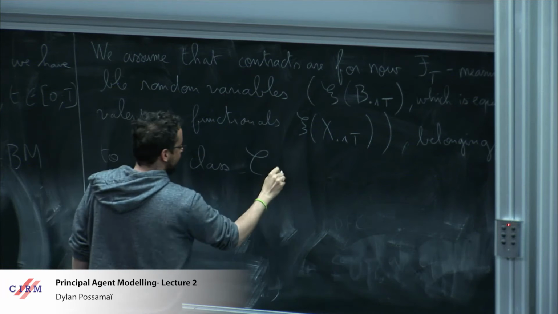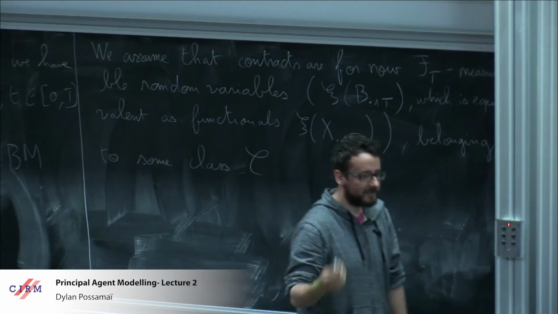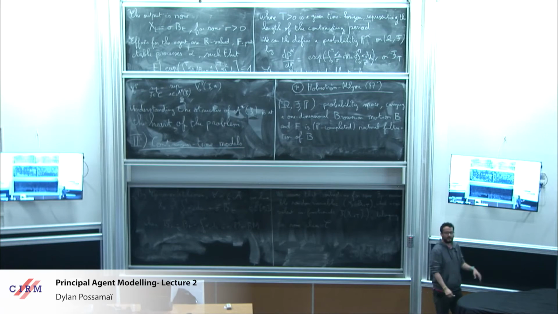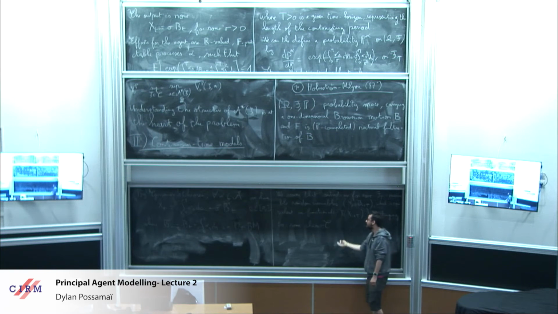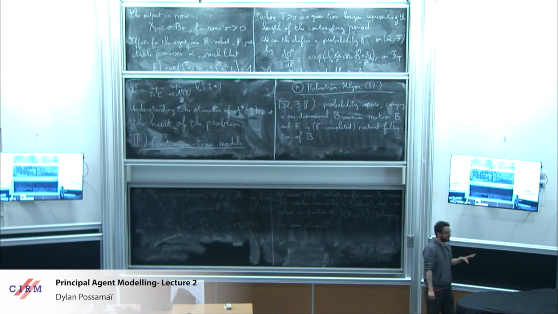to some class C. So this morning, I was telling you that I was going to remain vague about what C was, because sometimes you may need some sort of topological structures on the functionals and so on. Here, I'm also going to remain vague, but for very different reasons. Basically, what I need to put in C is integrability conditions.